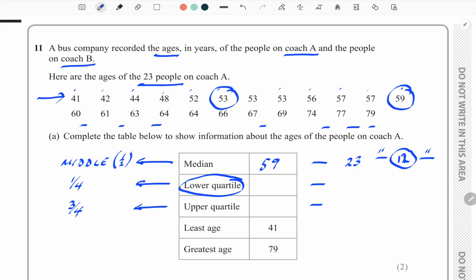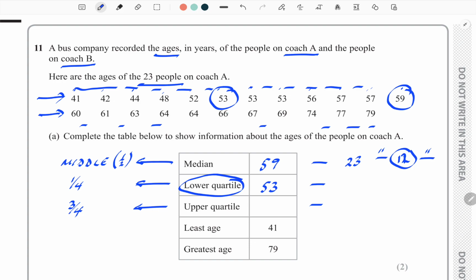Can you see that there are 5 above it and 5 below it? So that's almost like the quarter value. So that's 53.